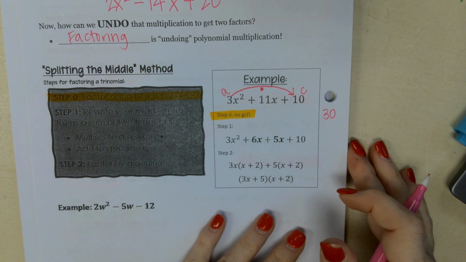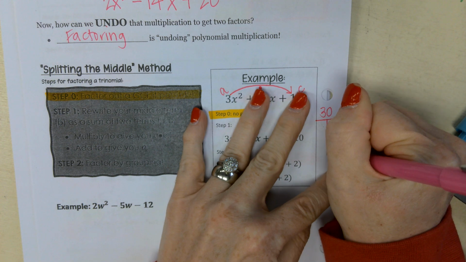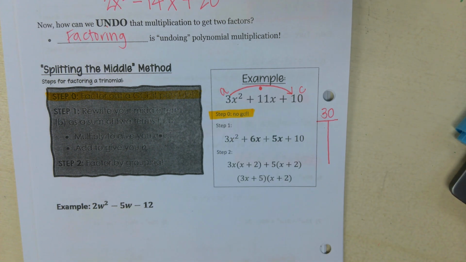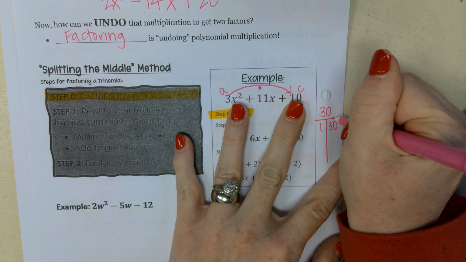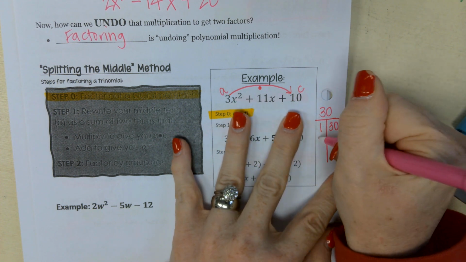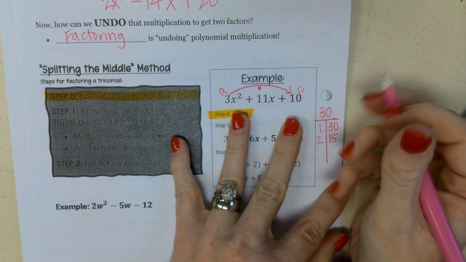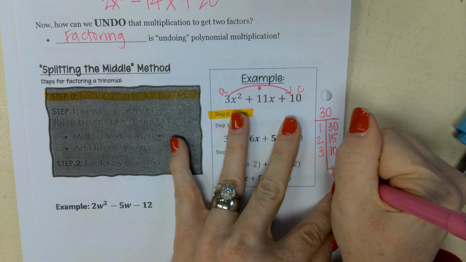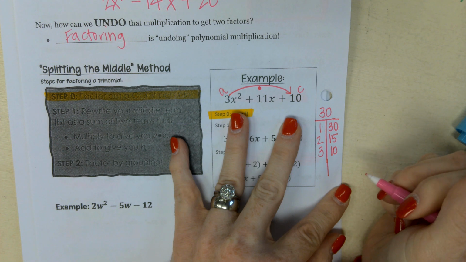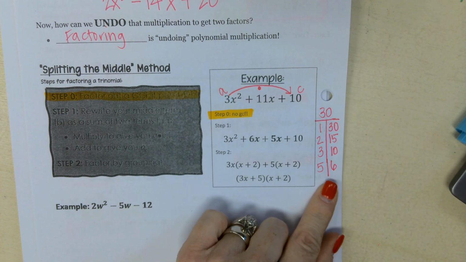Okay? And then what I'm going to do is I'm going to list all of my factor pairs. Okay? So I know that 1 times 30 gives me 30. I know 2 times 15. 3 times 10. 4 doesn't go into 30, but 5 times 6 does.